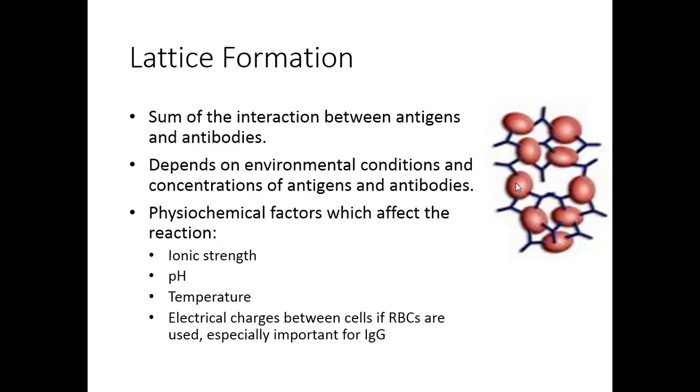Let's go through a couple of these. IgG loves to react in the warmth. It likes to react between 30 and 37 degrees, whereas IgM loves a good cold temperature, like refrigerator cold up to room temperature, so between 4 and 27 degrees Celsius.